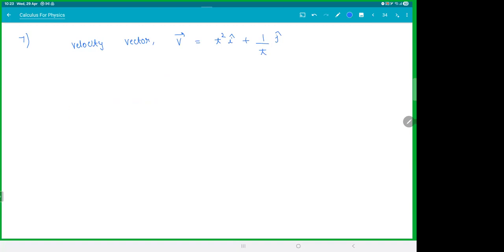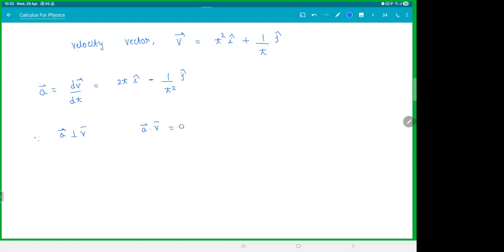So first thing, the acceleration, you differentiate once, which is dv by dt. The differential of t square is 2t i cap. The differential of 1 by t is minus 1 by t square j cap. Since the acceleration is perpendicular to velocity, a bar dot v bar must be 0.